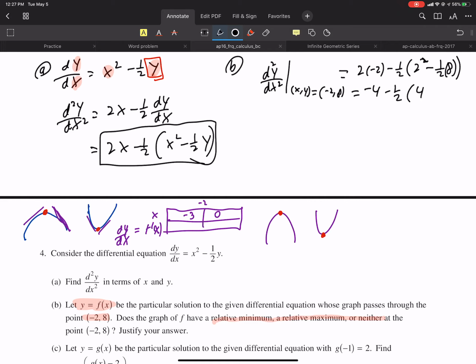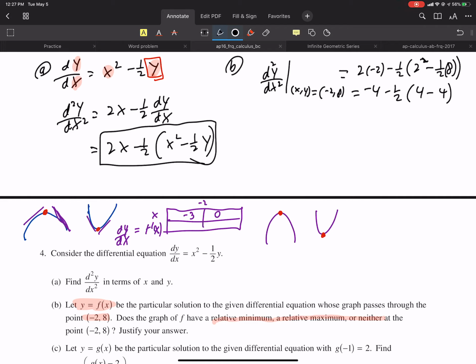Let's see. 4 minus 4. Oh, that's negative, because that's negative 4. No, whoa, I don't want it negative. I want it to be 0. Am I messing up? It should be 0. Did I mess up? Let me double check my work here.